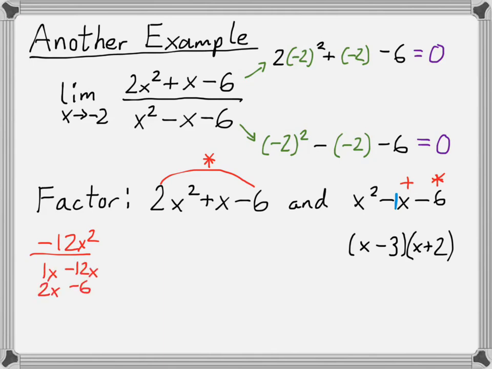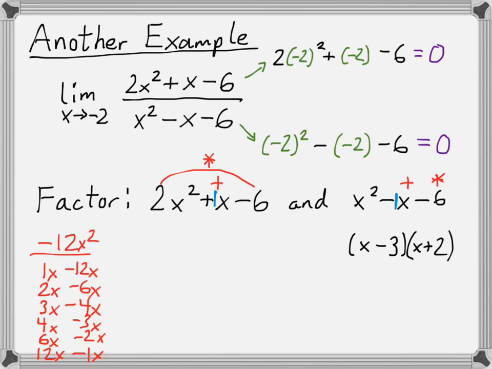Those factors are listed here: 1x and negative 12x, 2x and negative 6x, 3x and negative 4x, and so on. All of those would multiply to be negative 12x squared. I need to pick the one that adds up to positive 1x.